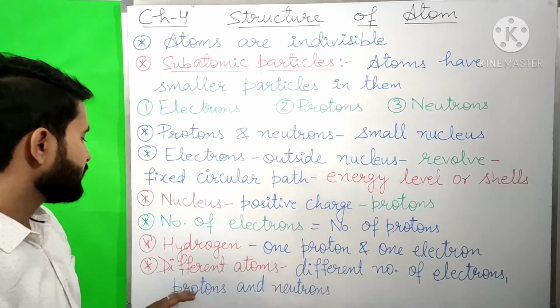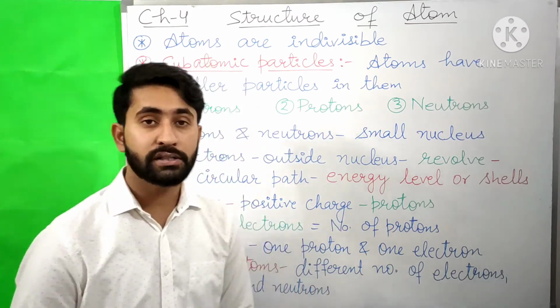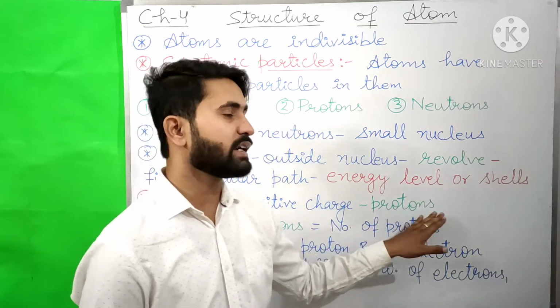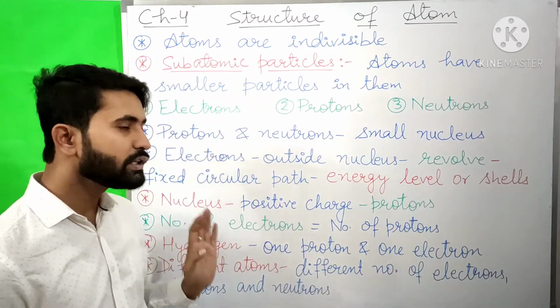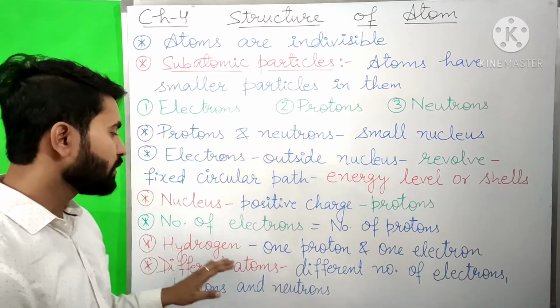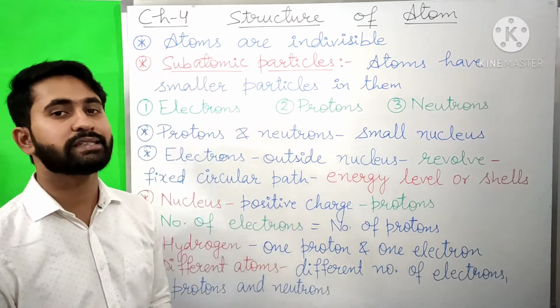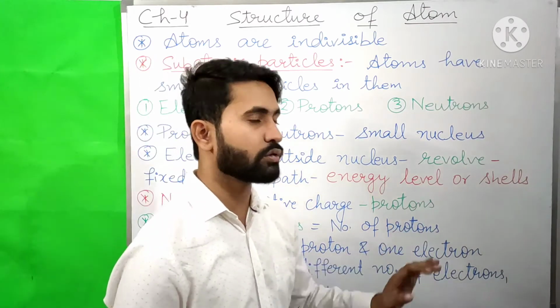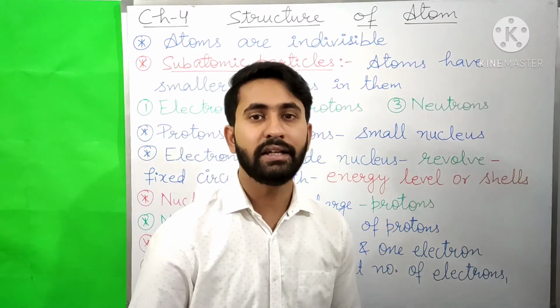The nucleus has a positive charge because the protons, which have a positive charge, are present inside the nucleus. The number of electrons present in an atom is equal to the number of protons, so that the atom remains electrically neutral.